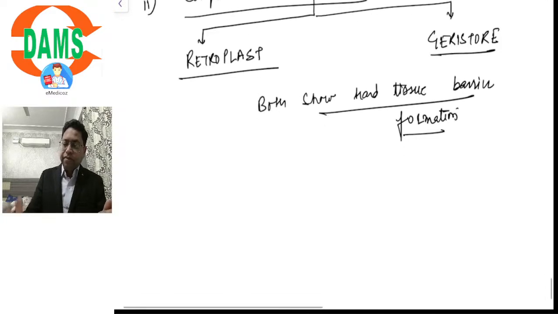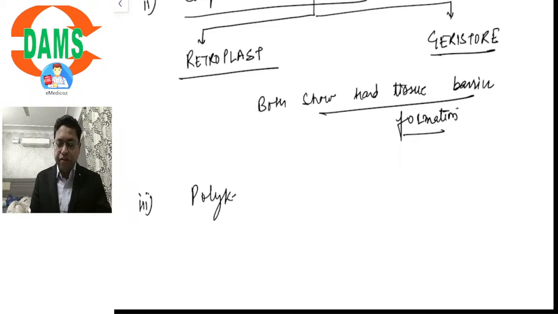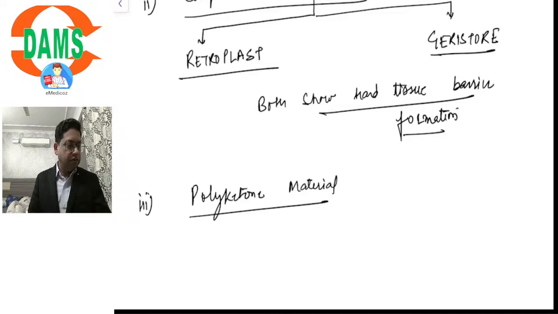Okay, the third is a polyketone material. Polyketone material. Geristore is basically a suspension of both resin and ionomers. It consists of certain ionomer components also.